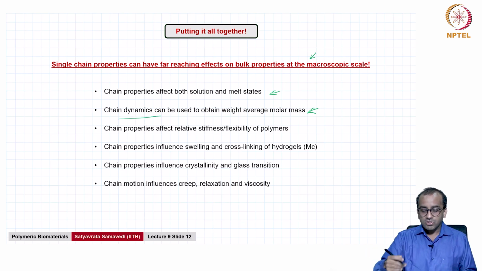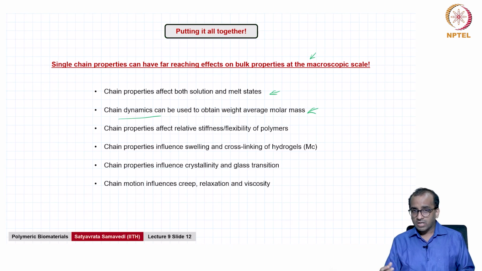Chain dynamics can also be used to obtain weight average molar mass, and I said earlier that you can get weight average molar mass through light scattering experiments. So, I will leave it to you to see if you can make a connection between the two. We have also seen in this lecture that chain properties can affect the relative stiffness or rigidity or flexibility of polymers, and that in turn can have far reaching consequences for bulk macroscopic properties.